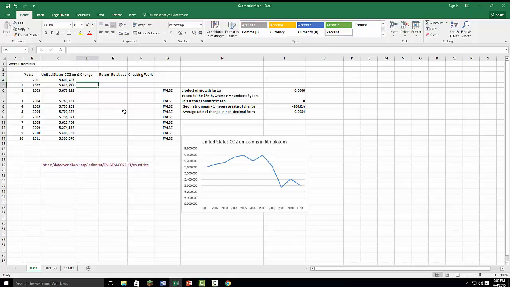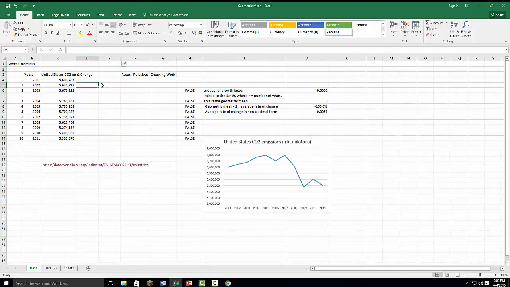So the first step that we take is calculate the rate of change. And the formula commonly taught is by taking the difference of period 2 minus period 1 and dividing it by period 1, 0.84%.